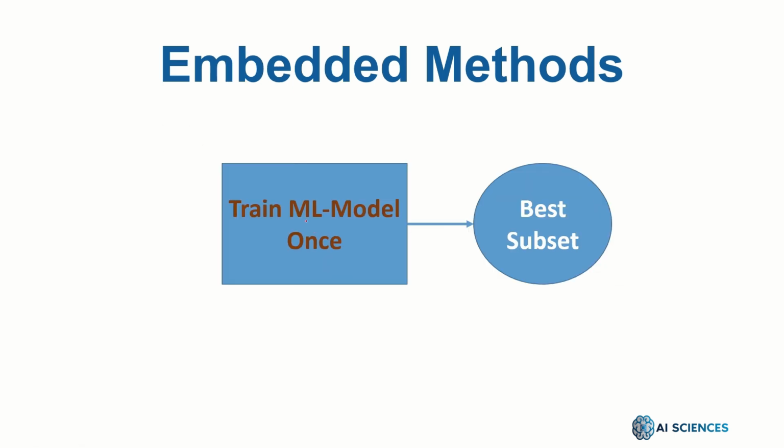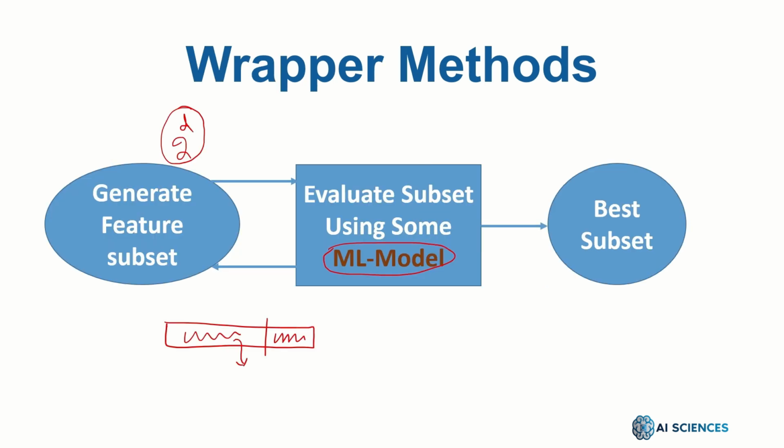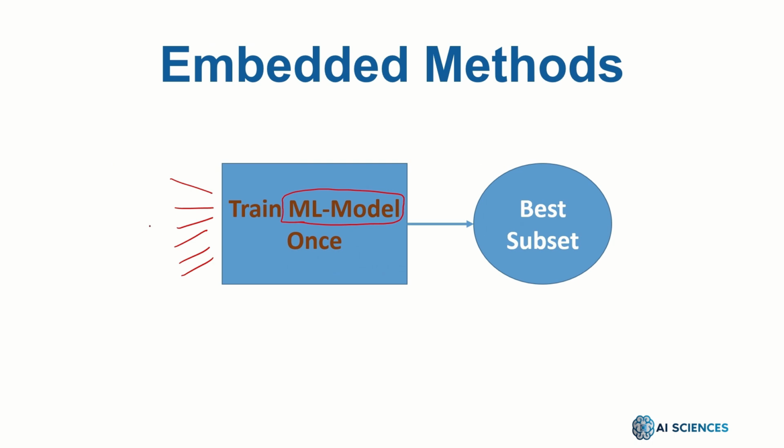In embedded methods, again, we have some ML model. We have to fix the ML model just like the wrapper methods. But magically, we throw in all the data, all the features, rather than a subset. See, in the previous methods, both filter and wrapper, we have a subset generator which generates a subset. But in embedded methods, there is no subset generator.